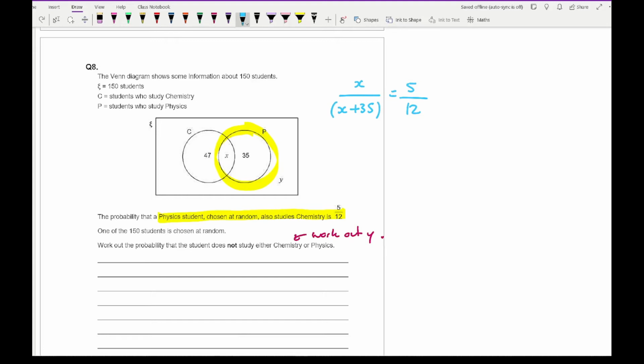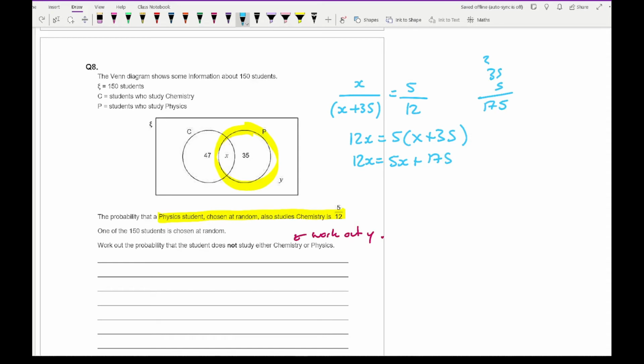So we cross multiply. So I've got 12x equals 5x plus 35 times 5, so let's just quickly do that without cheating, so it's 175.